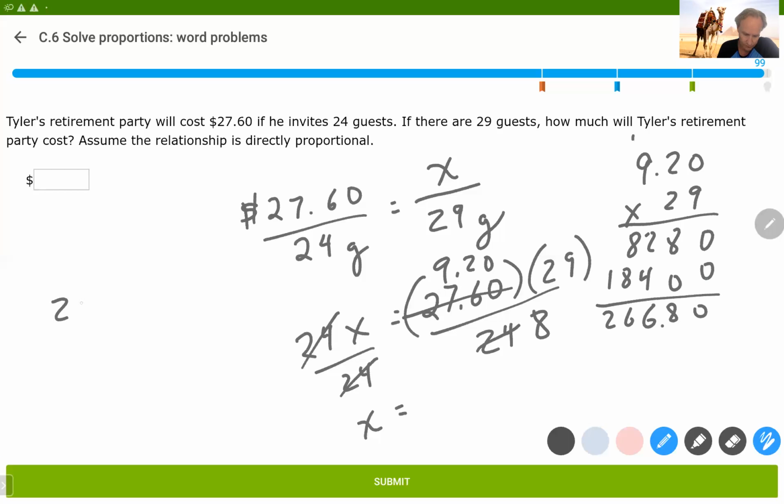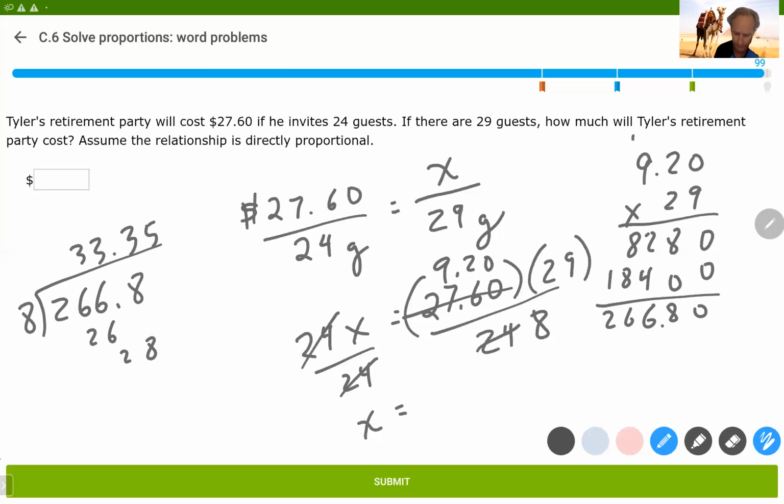So 266.8, and we are dividing by 8. 8 goes in 3 times, 3 times, 3 times, 5, 33, 35.